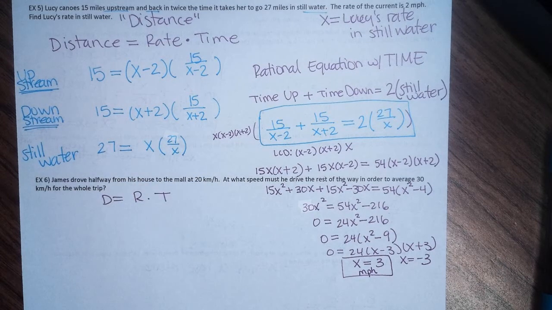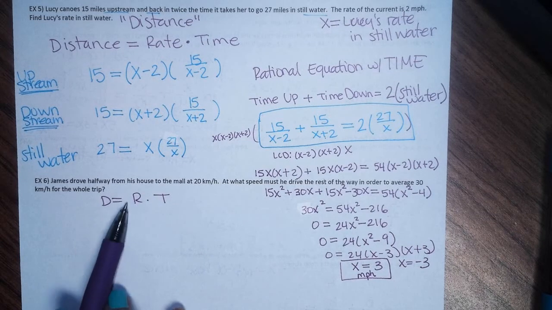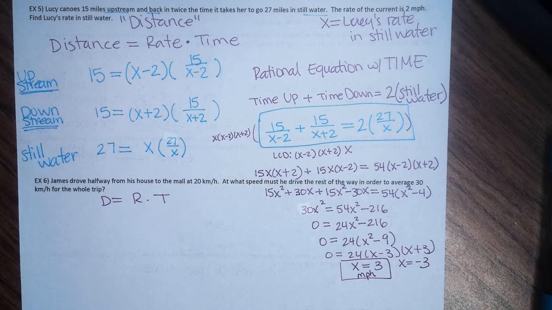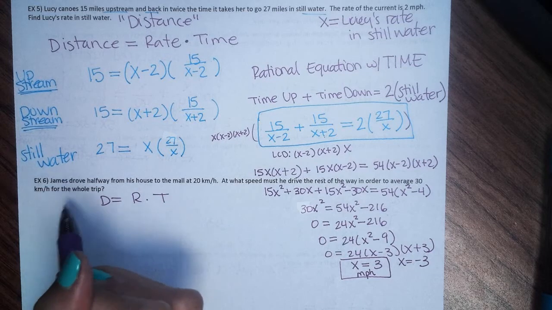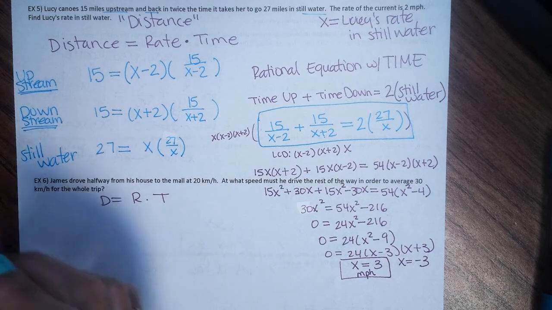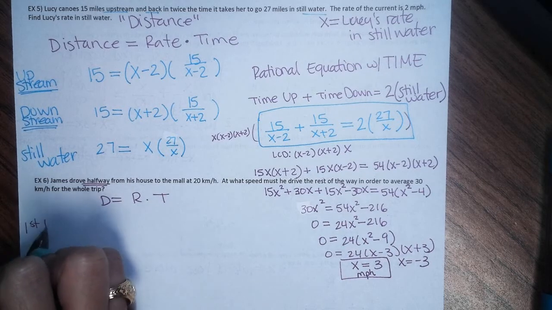James drove halfway from his house to the mall at 40 kilometers per hour. So that's some kind of rate. At what speed must he drive the rest of the way in order to average 30 kilometers per hour for the whole trip? If you have another way of doing this, go ahead and do it your own way, but this is what I do. I'm going to divide his trip into sections. The first section is halfway, so the first half.